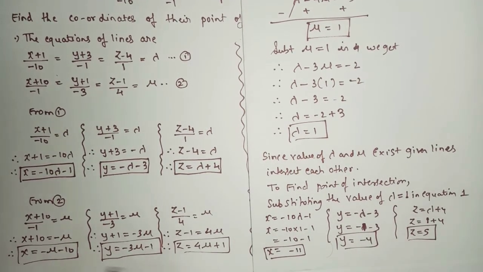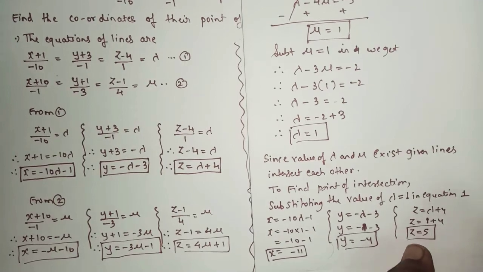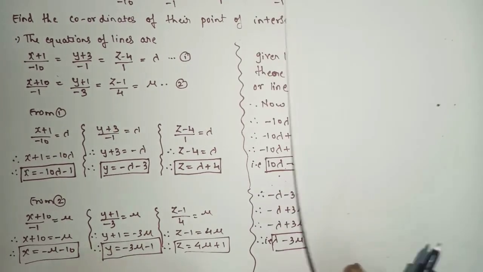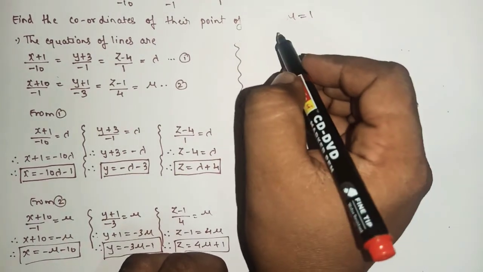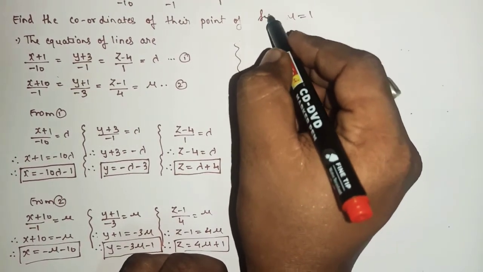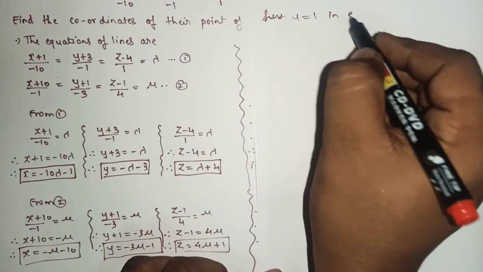So now we'll check for mu also. The value of mu is also 1. Now we'll substitute this value of mu in equation number 2.